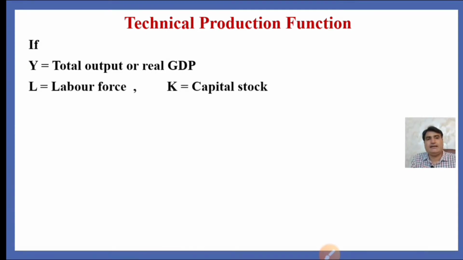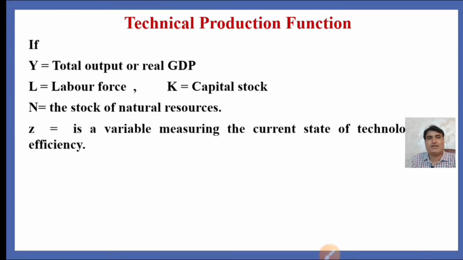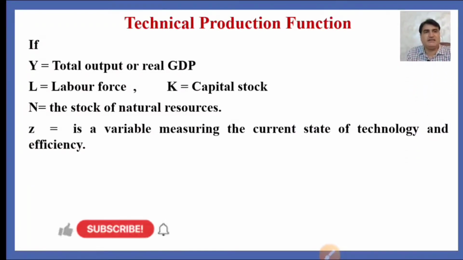What is technical production function? If we say that Y is total output or real GDP, L is labor force, and K is capital stock, whereas N is the stock of natural resources, and Z is a variable measuring the current state of technology and efficiency.